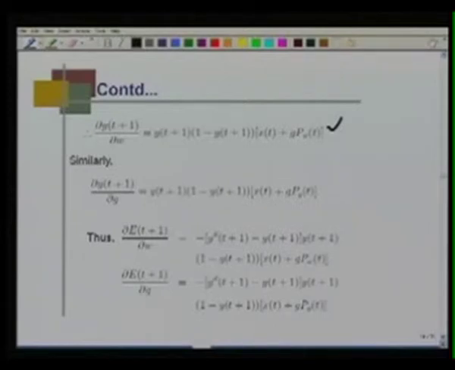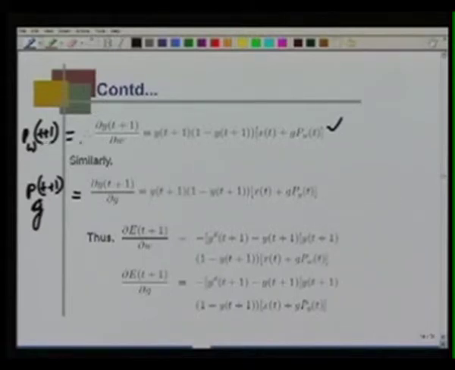Similarly, the other one is also in the same way, which is this one on this side. This is P_g at t plus 1, and this one is P_w at t plus 1.